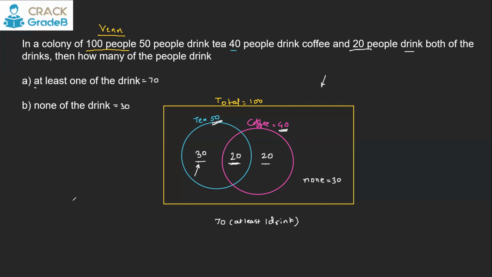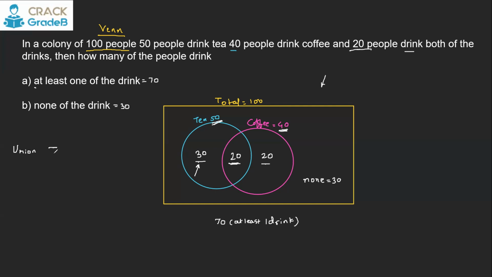But if you want the formula, you need to understand several terminologies that we use in set theory. The terminologies are union and intersection. The first terminology is union.